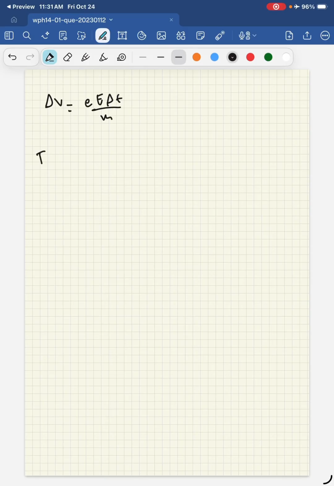Okay, for helium-4 now, helium-4 has two charges, so the force it experiences is 2 times e times the electric field, and this should be equal to its mass, which is 4 times m, times a. And here we assume that the proton and a neutron have about the same mass.